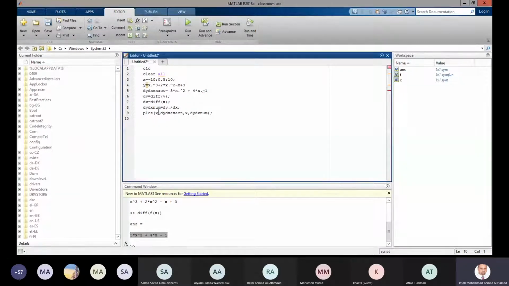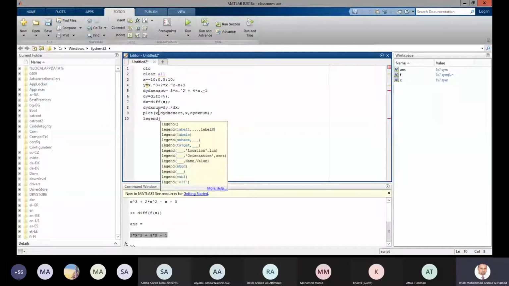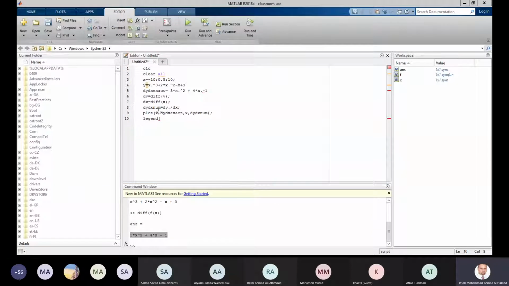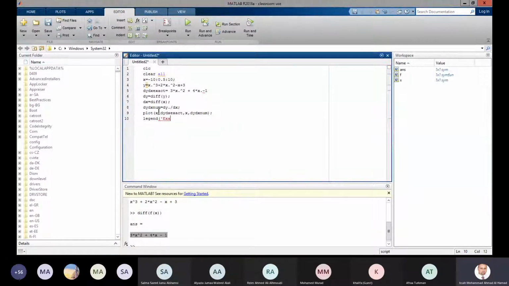Let me now add a legend for the plot. The first one will be the exact derivative. This is the legend. The second one will be the numerical derivative.